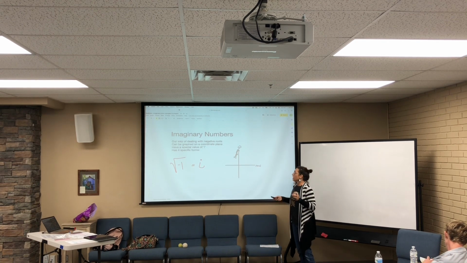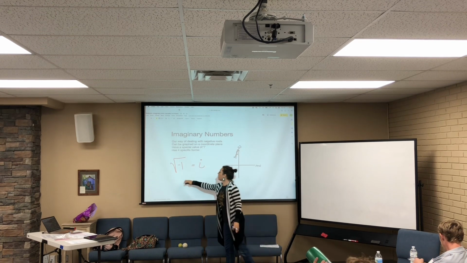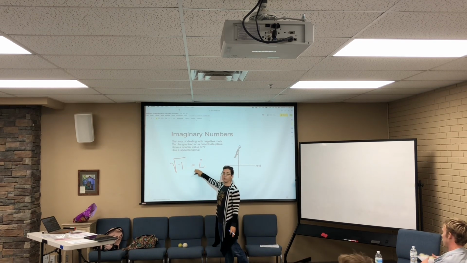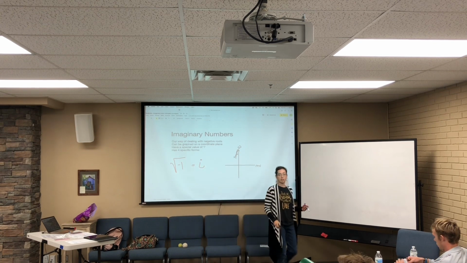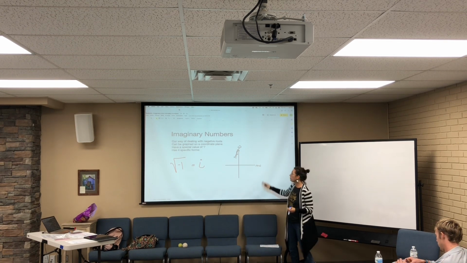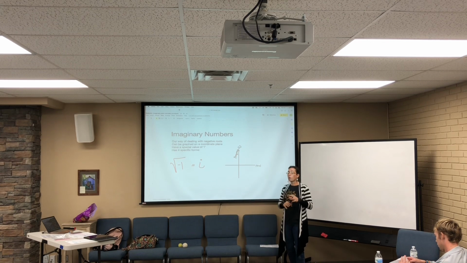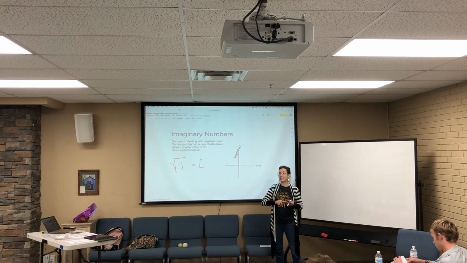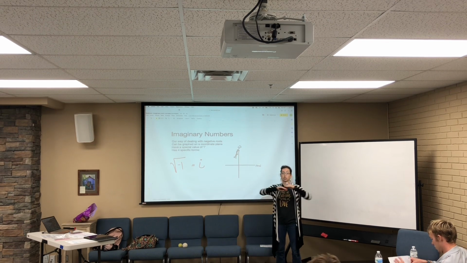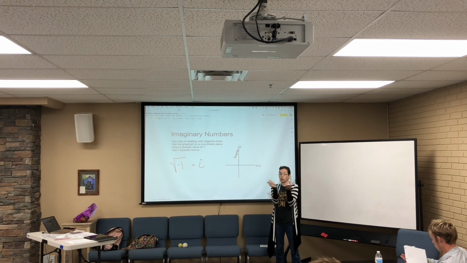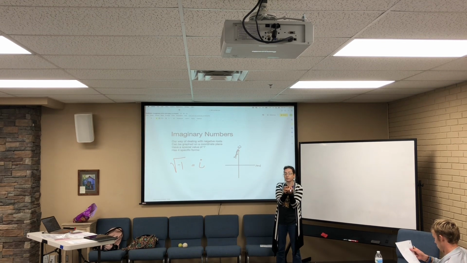The square root of -1 will be equal to the term i. i means it's an imaginary number. It has a special place on the coordinate plane.